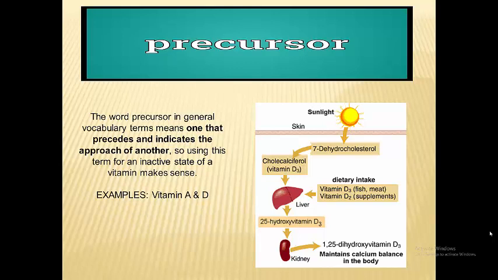So there are vitamins that can only be activated within the body once they have been ingested in their precursor form. So you eat a carrot. People go, carrots make you have good eyesight. That is because carrots contain vitamin A in a precursor form.